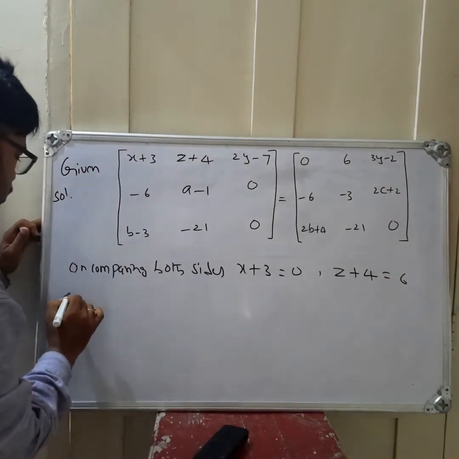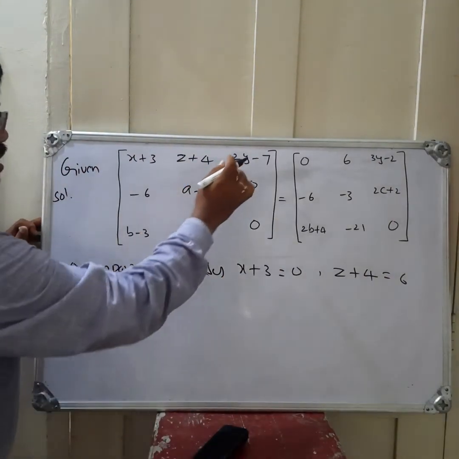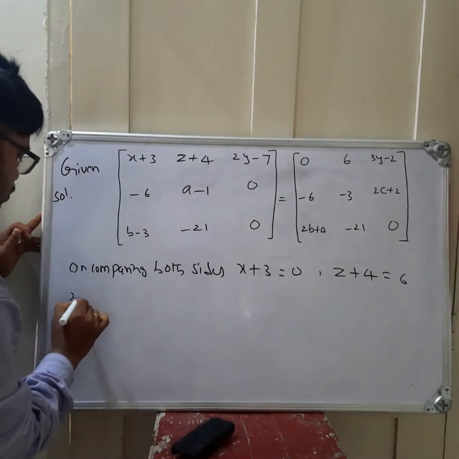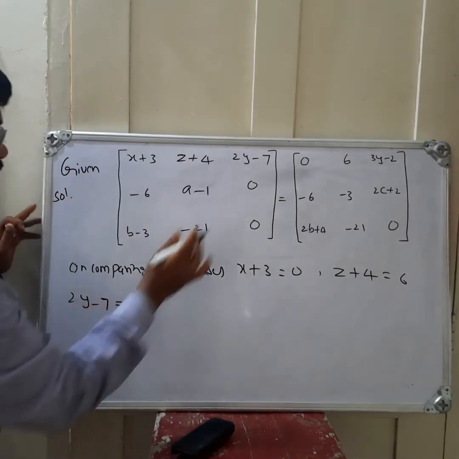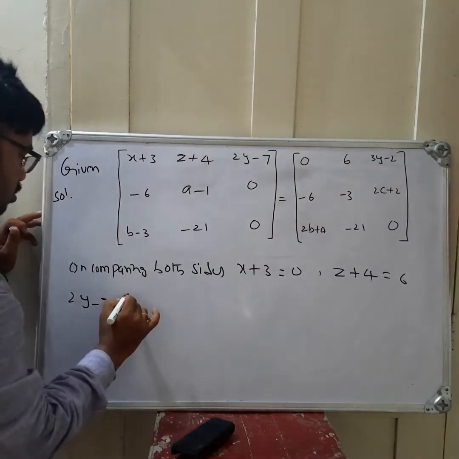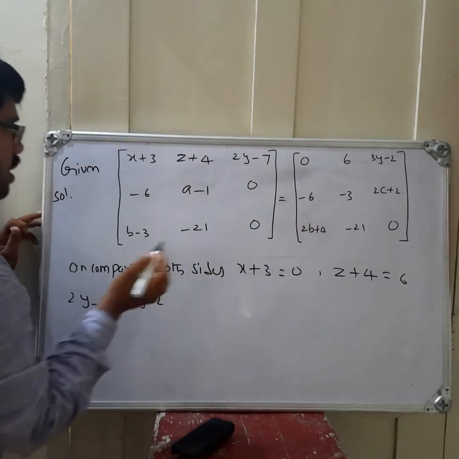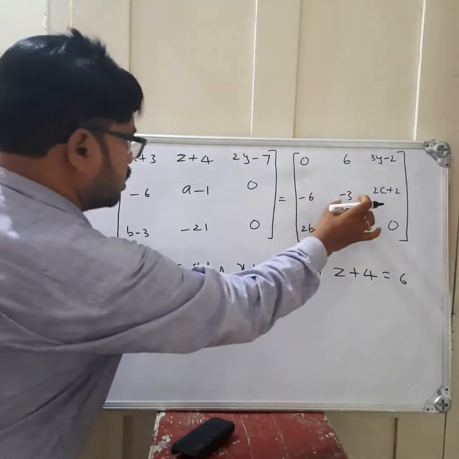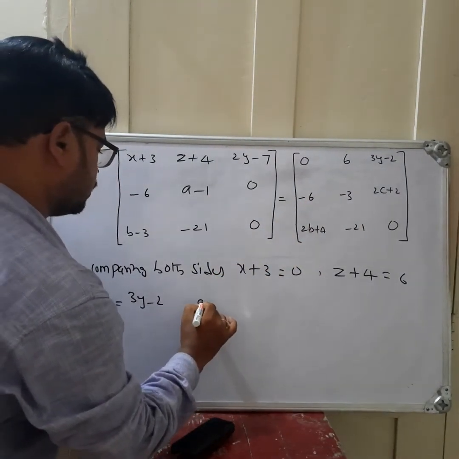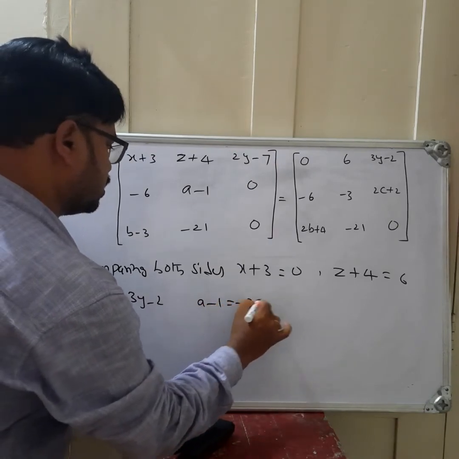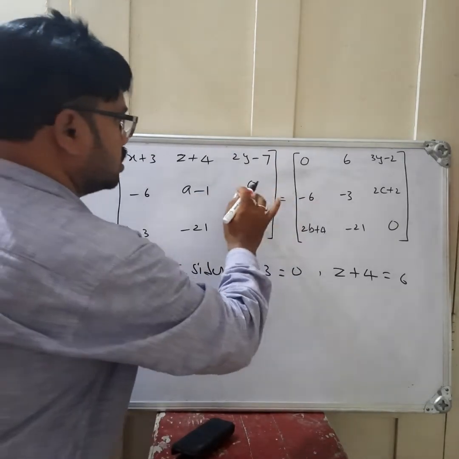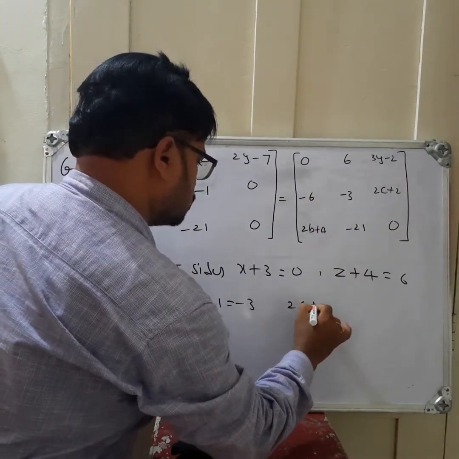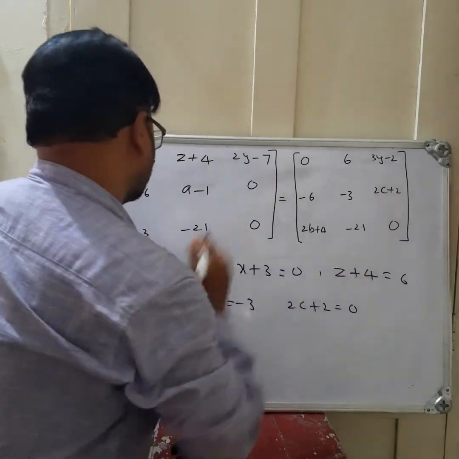Next, 2y minus 7 corresponding element equals 3y minus 2. Next, a minus 1 equals minus 3. And next, 0 equals 2c plus 2. That means you can write 2c plus 2 equals 0.